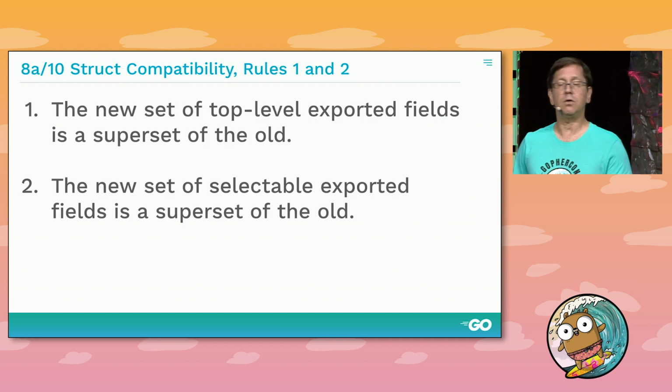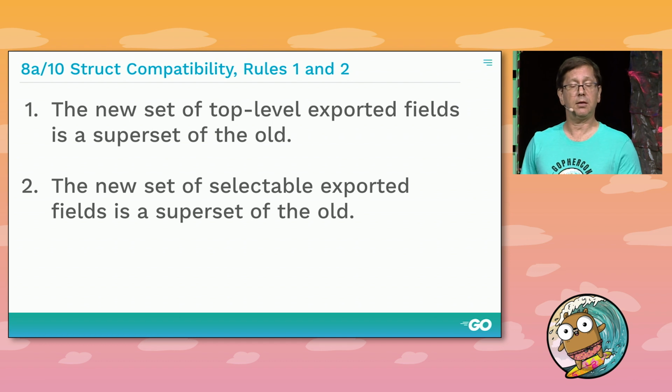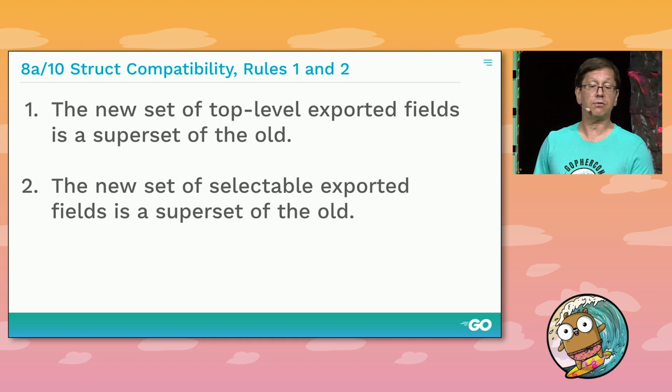So here are the first 2 of our 3 compatibility rules for structs. These rules handle the facts about struct literals and dot notation selection that we've just covered. The first addresses struct literals by focusing only on the exported fields at the top level of the struct, not the embedded fields. You can add a top-level exported field, but you can't remove or change one, or you could break a struct literal.